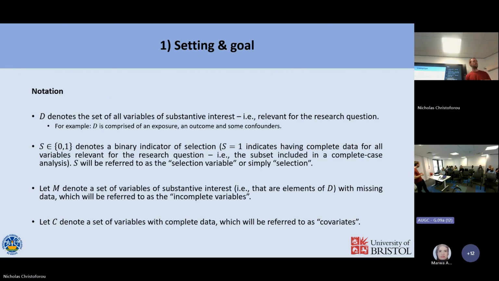There are many missing data adjustment techniques, like weighting, imputation, whatever. And they all require assumptions, as anything in life. We always need assumptions.